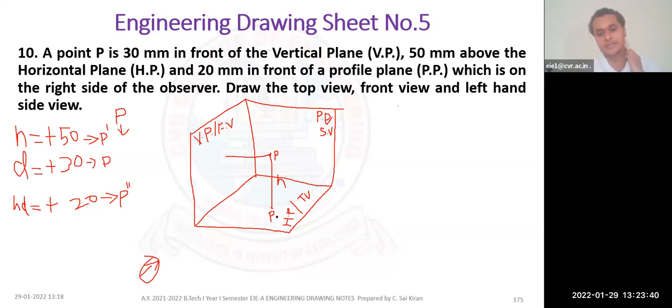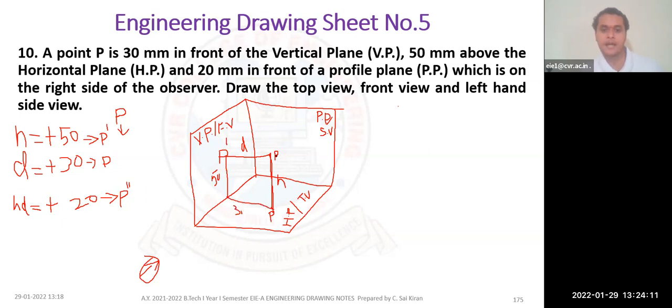In the top view it will project as p, and this is my D distance of plus 30. The same vertical H of 50 is projected here, and the same 30 is projected here.